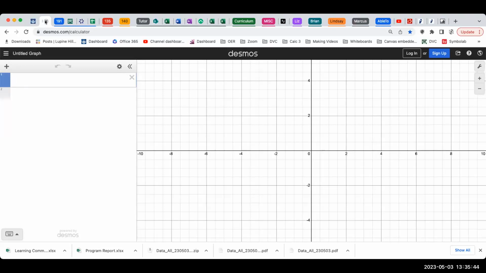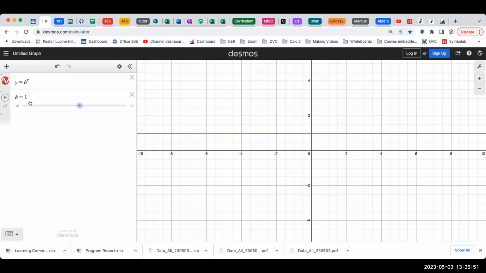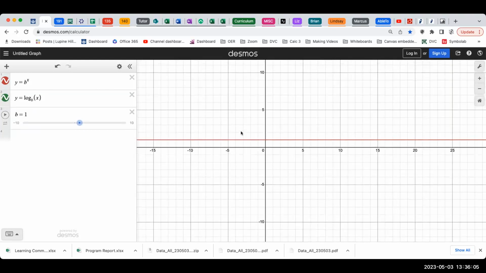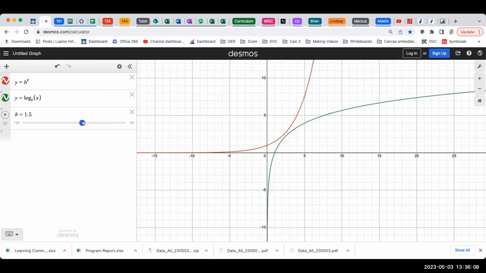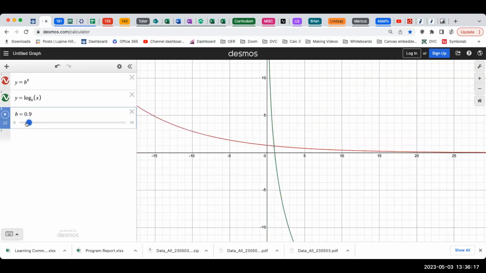If I do y equals b to the x, and if I do y equals log base b of x, hopefully it shows me the graphs. Oh, b can be 1. From 0 on, it just can't be 1. So look, here's b being a smaller value.